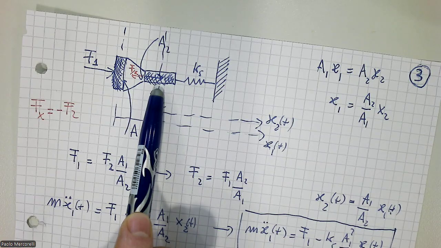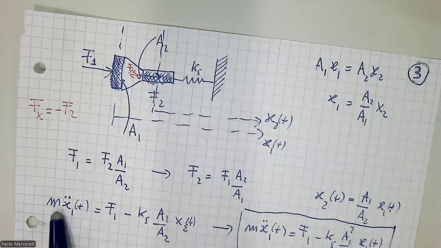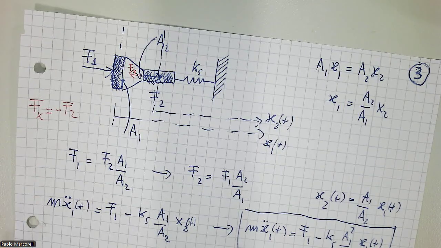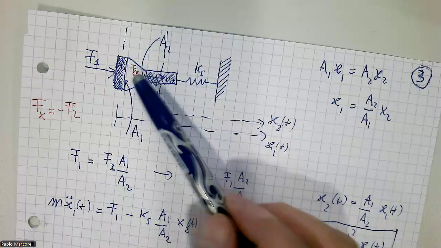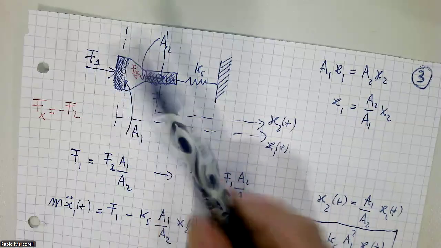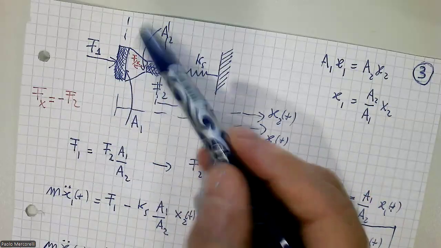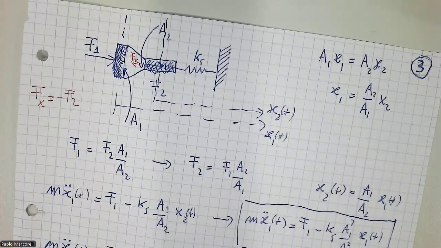It's incompressible. The mass is the same. Of course, it could be not the same if you have two different liquids, but this is more complex. We didn't do it with membranes and pistons here, but consider it the same.